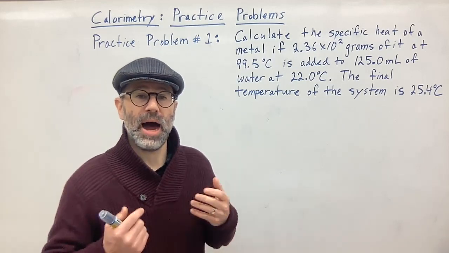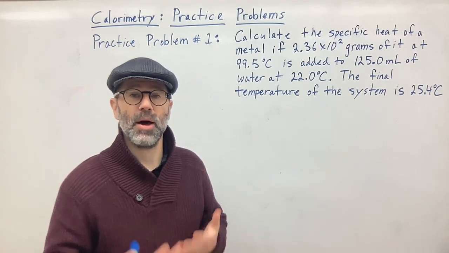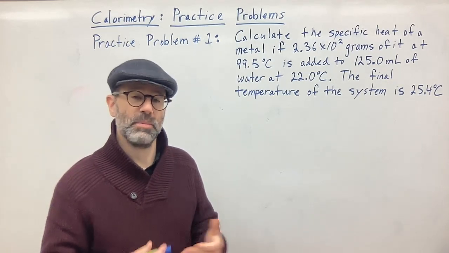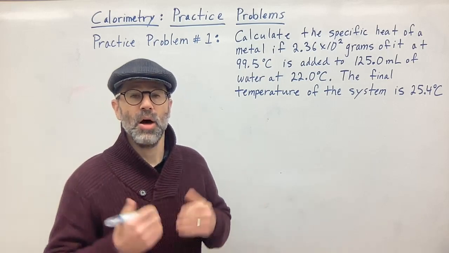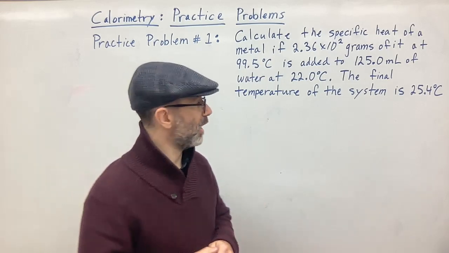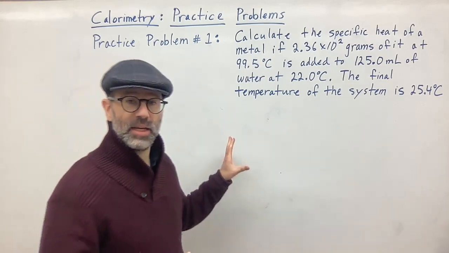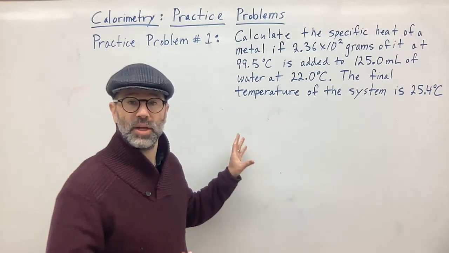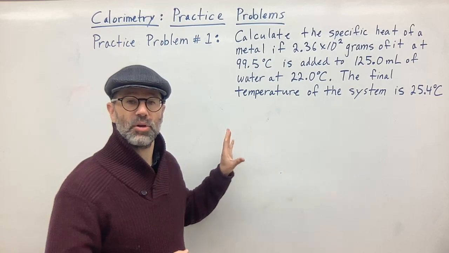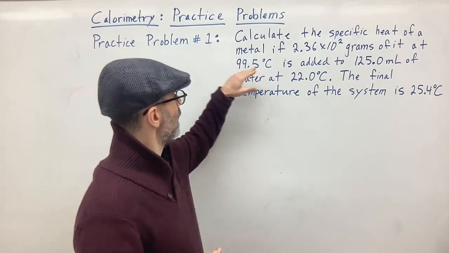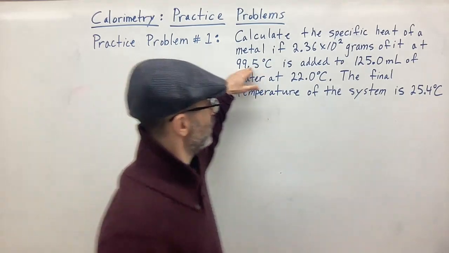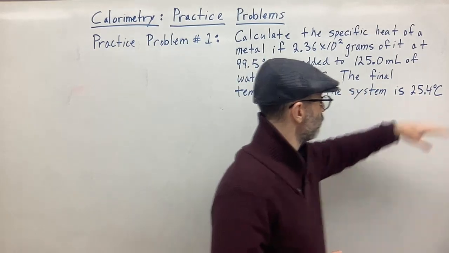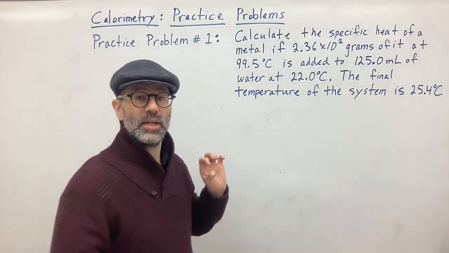So how do we figure this problem out? How do we find the specific heat of the metal or anything in this problem? Well, the first thing we have to understand is that the heat lost by the metal, right? So if the metal starts at a higher temperature, going from 99.5 degrees Celsius down to 25.4 degrees, the metal lost energy.